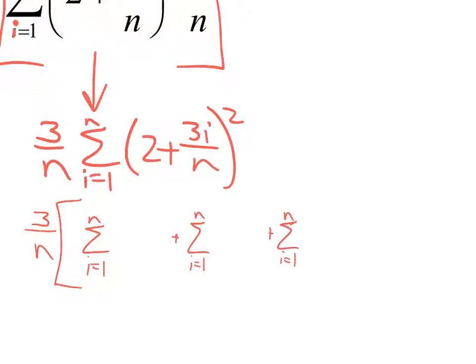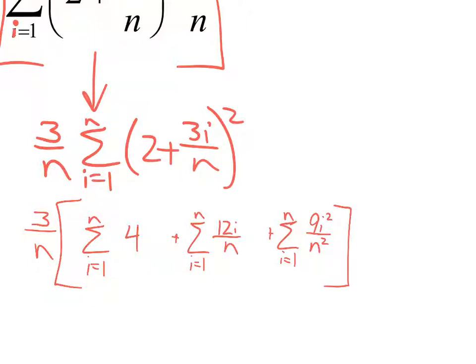You might say, where are those three coming from? Well, that's from foiling the (2 plus 3i over n) squared. The firsts are a 4, then I have a 6i over n plus another 6i over n, that's going to be a 12i over n. And then the 3i over n squared is a 9i squared over n squared.